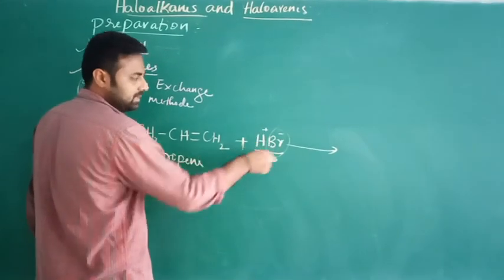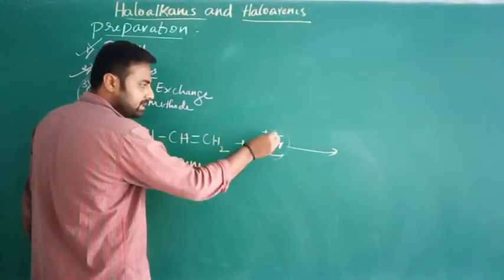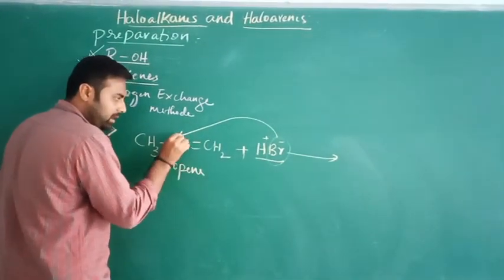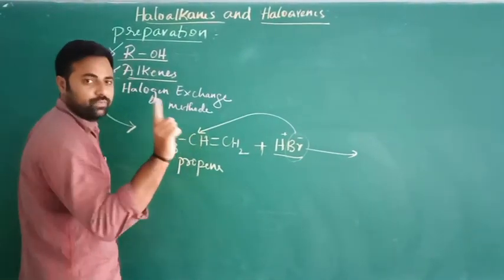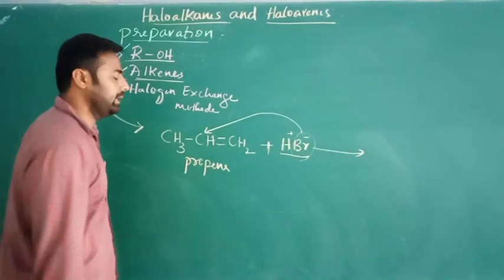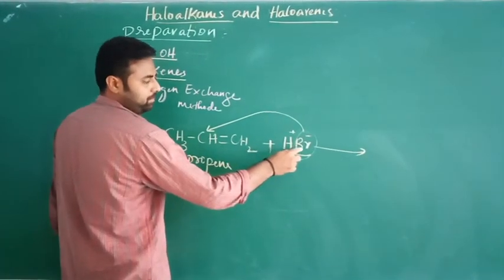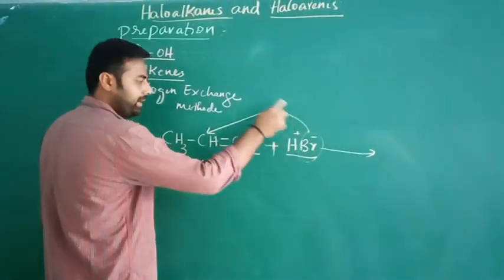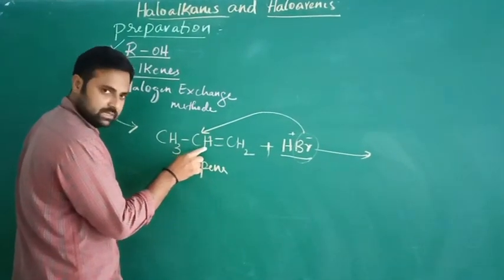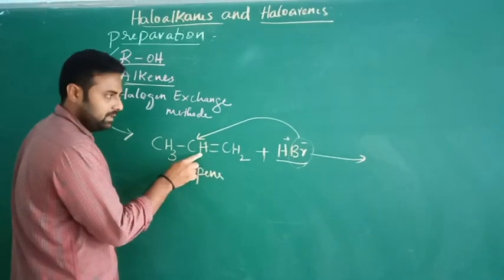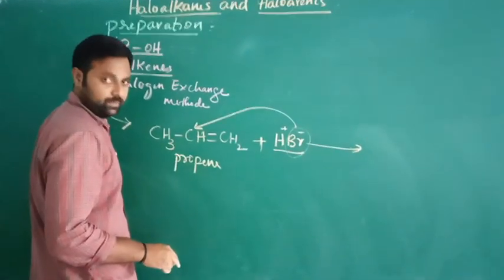The negative species of this reagent, Br minus, will attack the doubly bonded carbon which contains the least number of hydrogen atoms, leading to the formation of the major product.